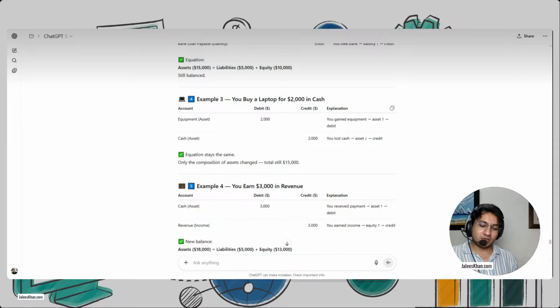Equipment asset, in the equipment category of my business. Okay, let's visualize it. If I'm going to visualize it, let's see what's happened.